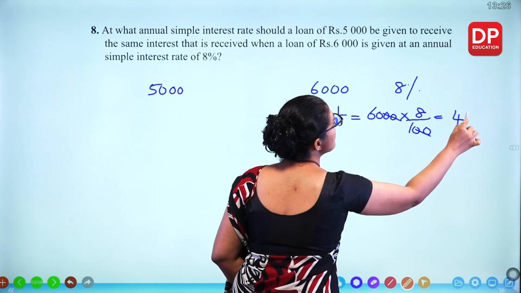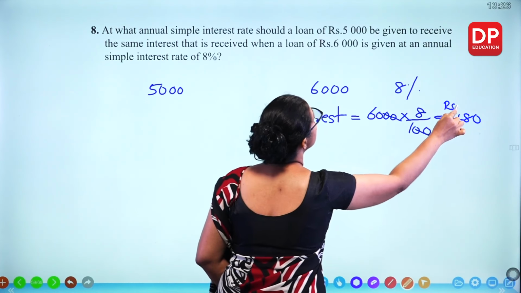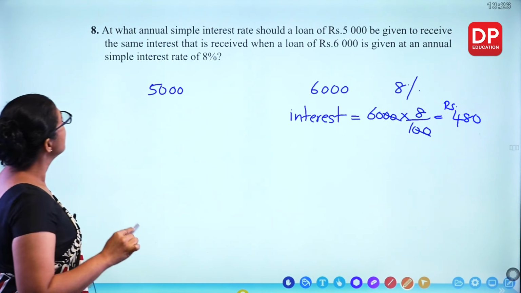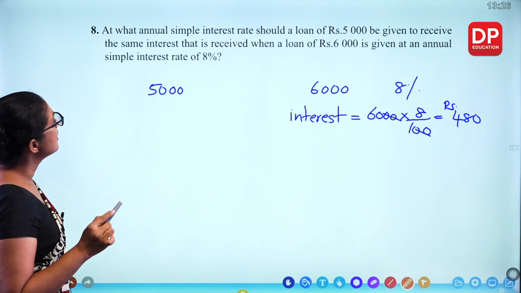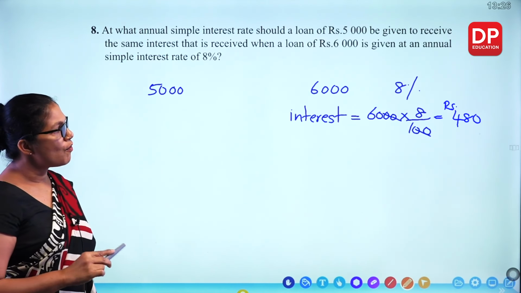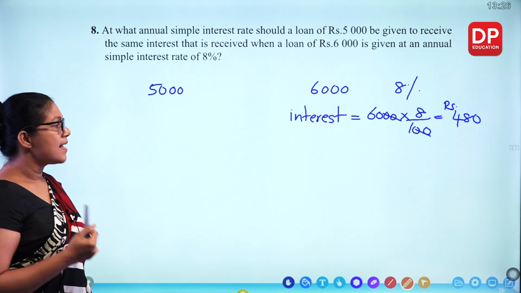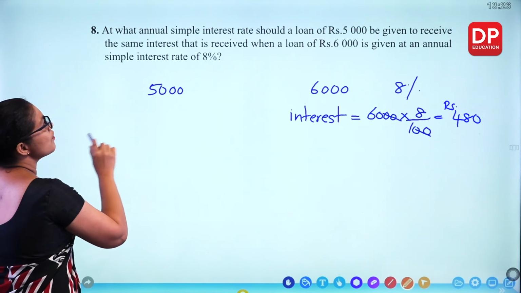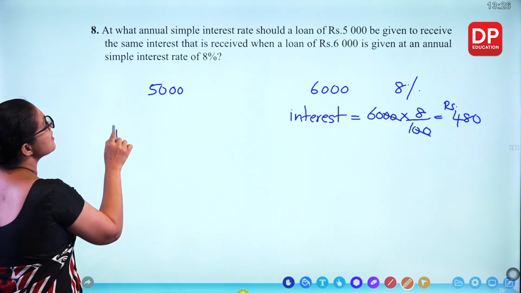You get 480. And here to get 480 as the interest, then you can find out the interest rate.